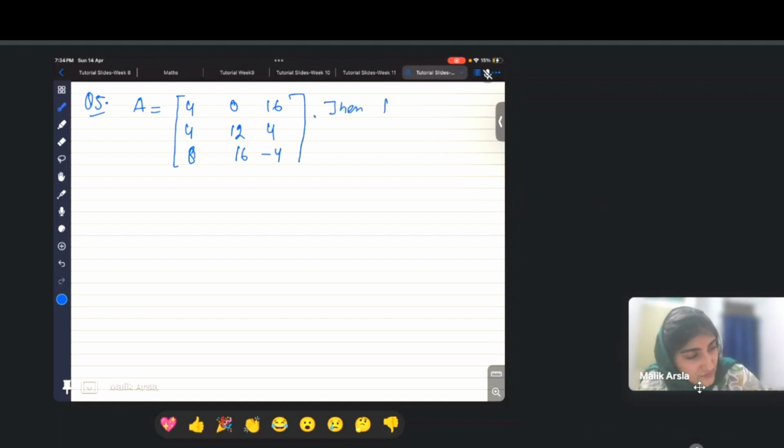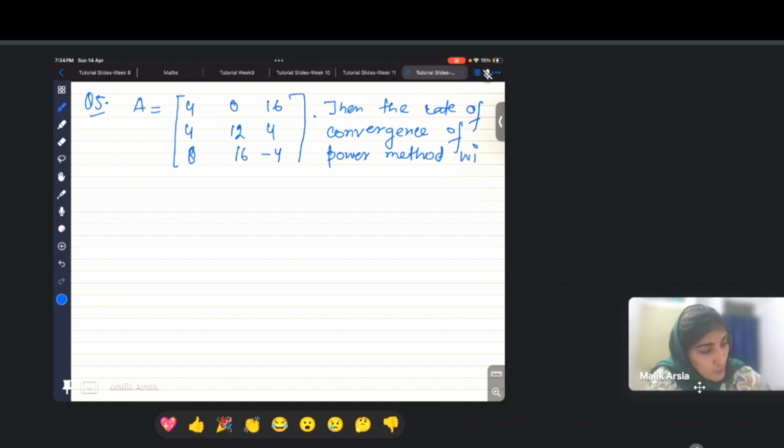Then the rate of convergence of power method with shift.